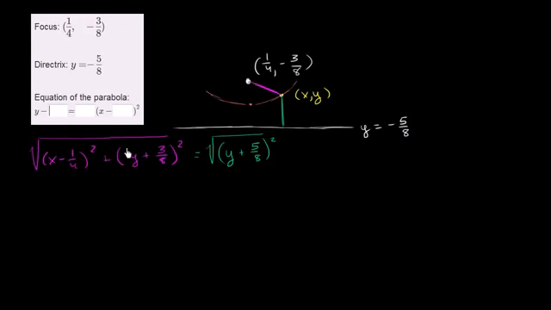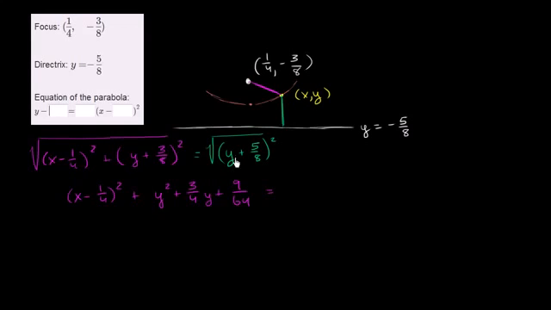Now, to simplify this, we could square both sides of this equation, and we get x minus 1/4 squared plus y, and actually let me expand this out. This will be useful for us in a second. So this is going to be y squared plus, let's see, 2 times 3/8 is 3/4, so plus 3/4 y plus 9 over 64 is equal to this thing squared.